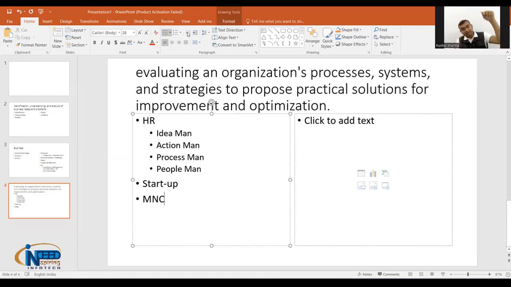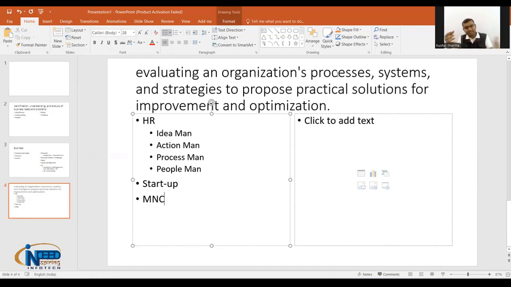So a business analyst needs to understand the processes within an organization. The person should understand the level of the organization, how rigid the processes are, and if a process needs to be changed, how much time and effort it is going to take.